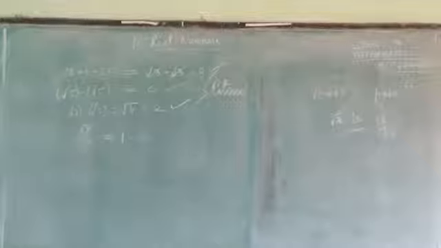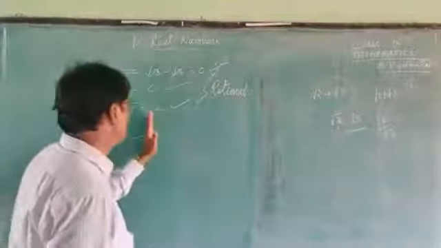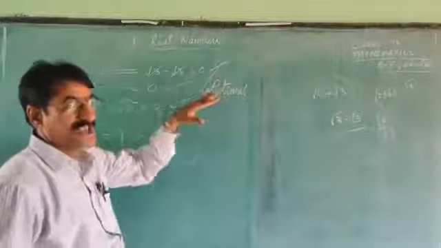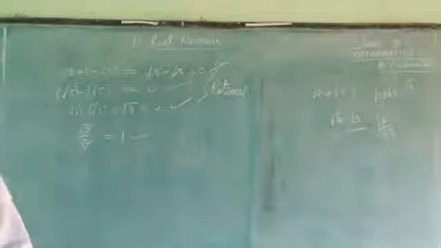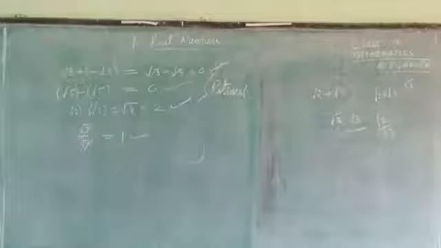Need not be irrational means we sometimes get rational numbers also. And also we conclude that irrational numbers are not closed with respect to addition, subtraction, multiplication and division.